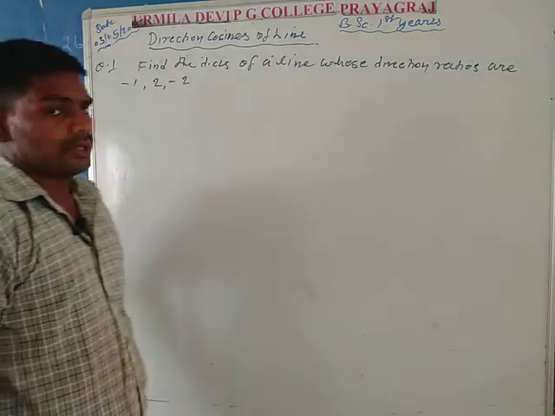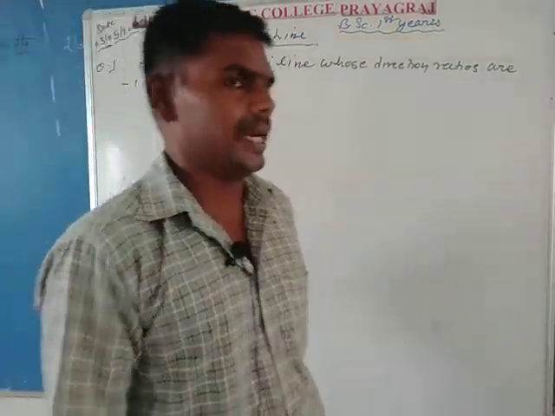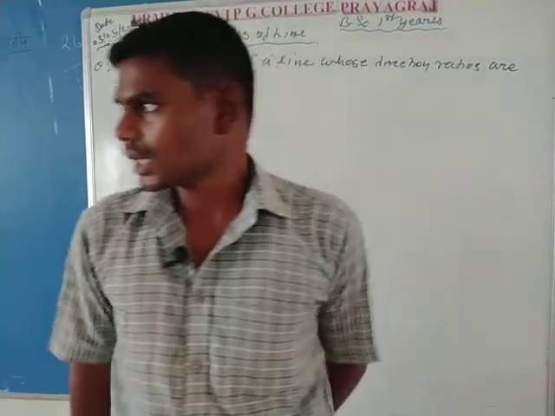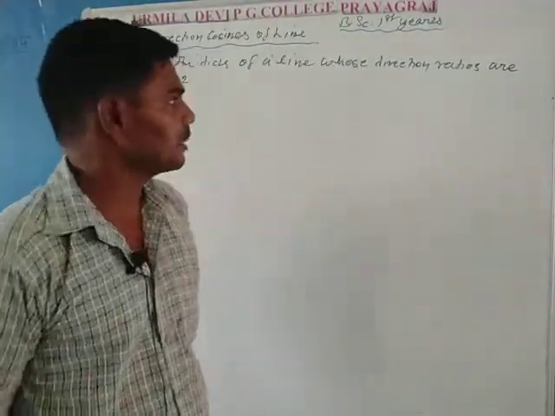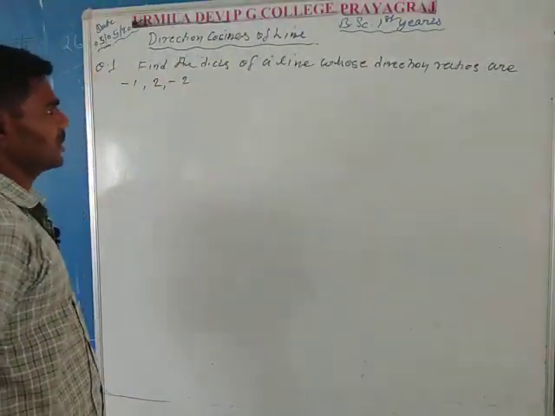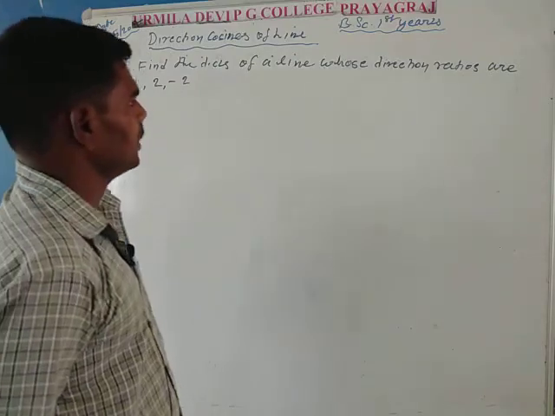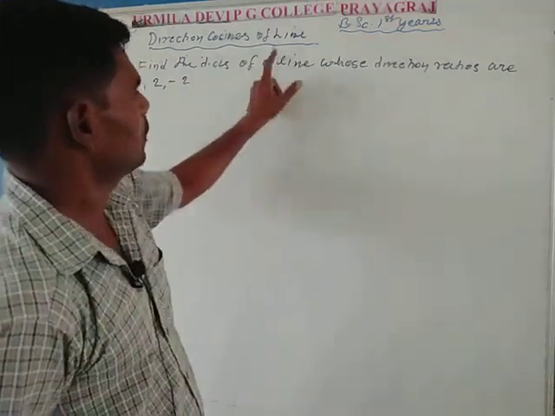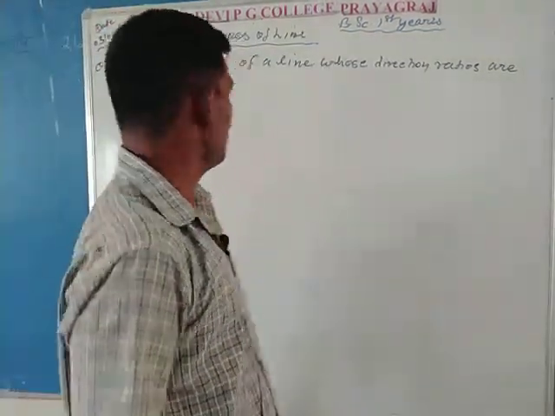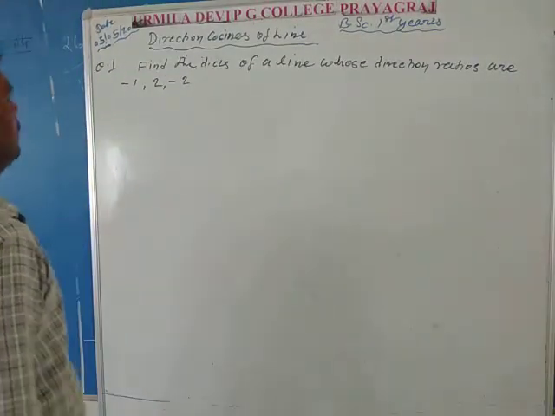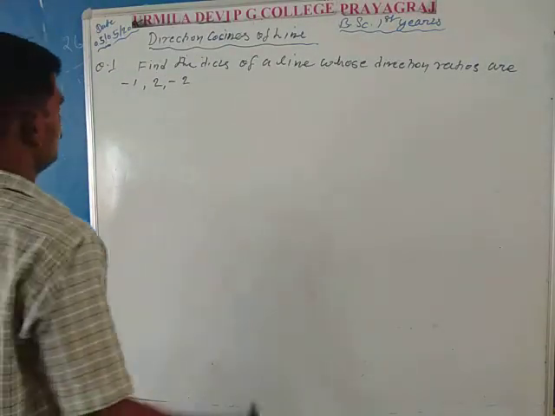This question depends on the direction cosines and direction ratios of any straight line. So in the question, find the direction cosines of a line whose direction ratios are -1, 2, -2.